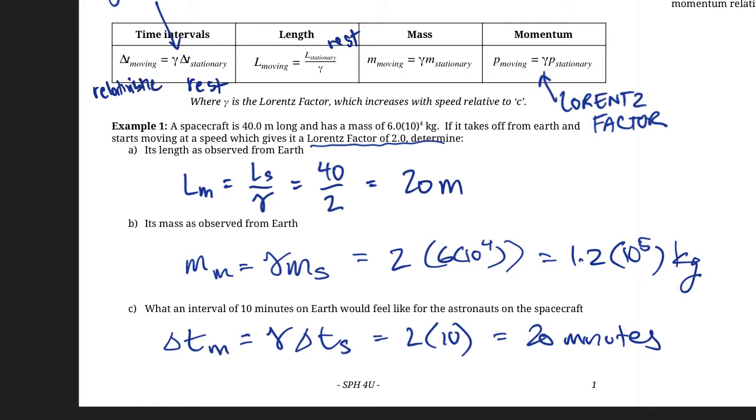So that would be the relativistic time, the relativistic length, etc. The relativistic mass and the relativistic momentum. Those terms are used in the same way. I just want to point that out. The reason why I think the textbook doesn't use that is because they both start with R, and it would be an annoying subscript. So they use M for moving and S for stationary.